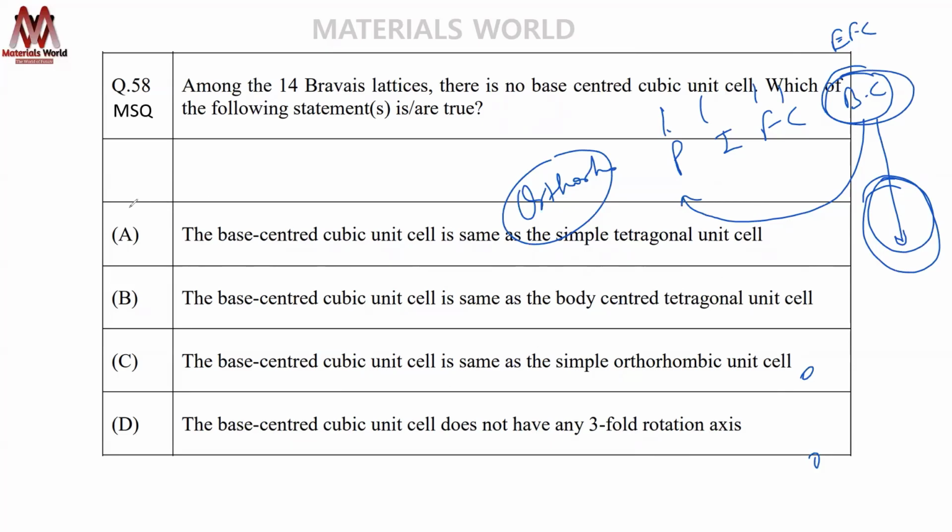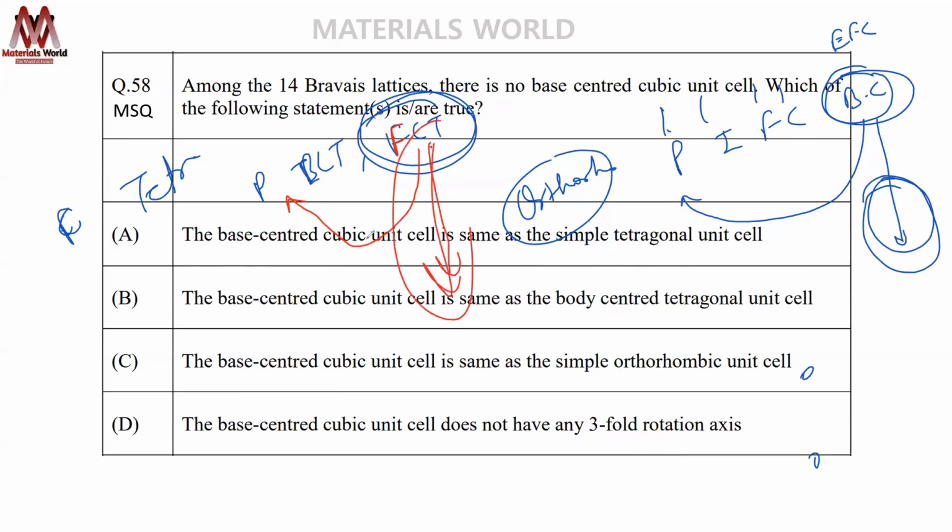If you see for the tetragonal crystal system, you don't have an FCT. You have a primitive and body centered tetragonal. You don't get the face centered tetragonal. This is not possible. What is the reason? The reason is this face centered tetragonal repeats the structure of primitive, and it will always repeat one of the members of the lattice, but it will never show you the characteristic symmetry, that is the 4-fold symmetry of tetragonal.